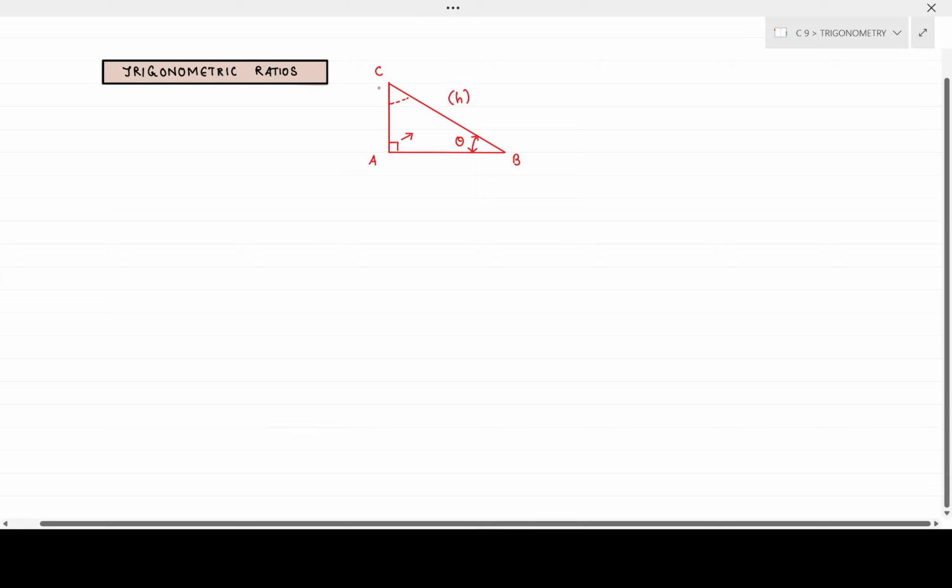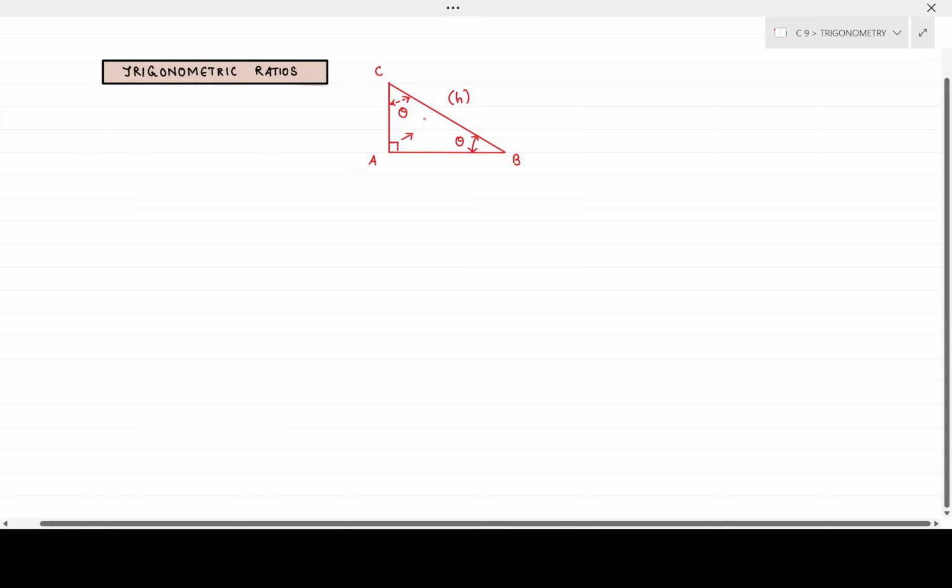The first dimension, as you see here, BC, is the hypotenuse. If you consider this one, then again theta will be connected with two dimensions. BC is common in both cases, so the hypotenuse is common in both cases.